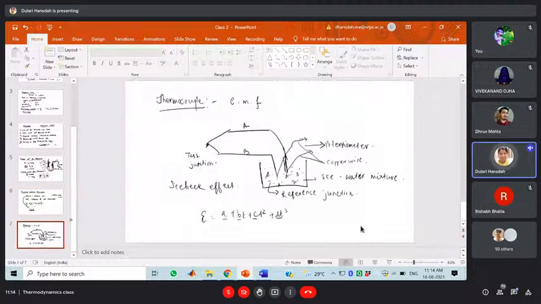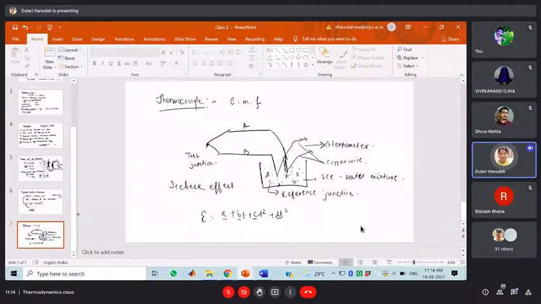Next one is the thermocouple. As I have already told you, it is based upon the change of electromotive force. Here we are using two dissimilar materials, A and B. Two dissimilar materials means sometimes we use copper and constantan, or chromel and alumel, or sometimes platinum and rhodium.